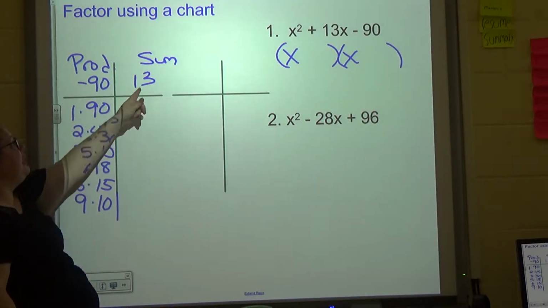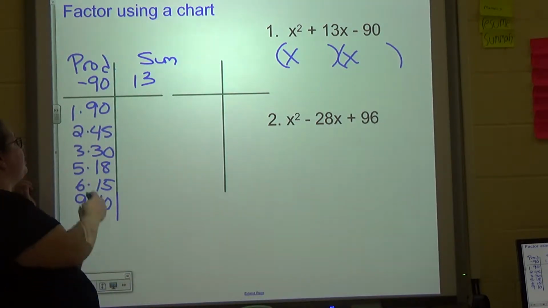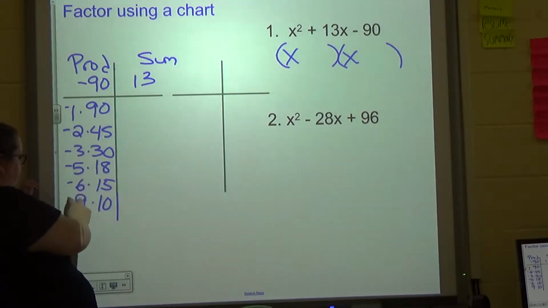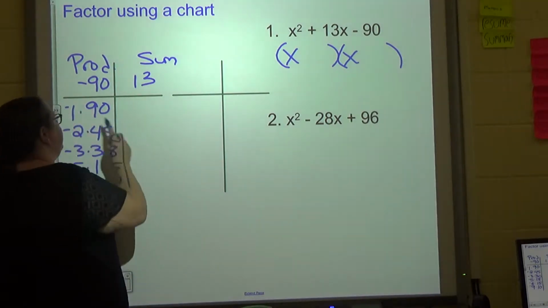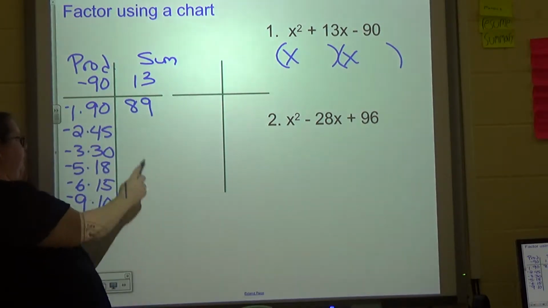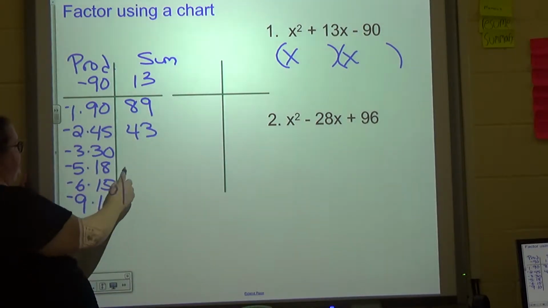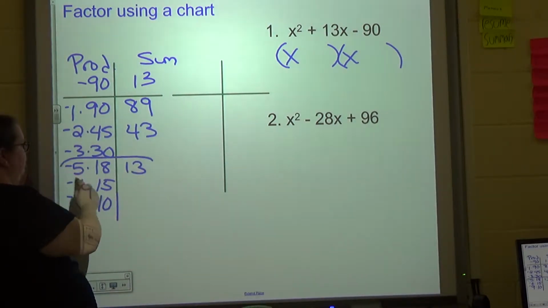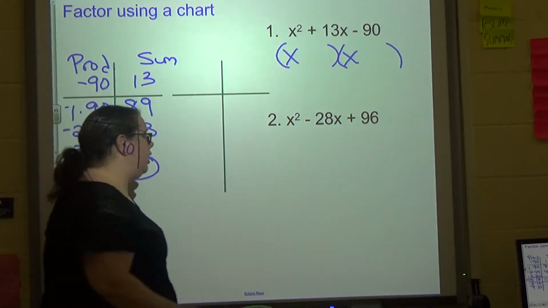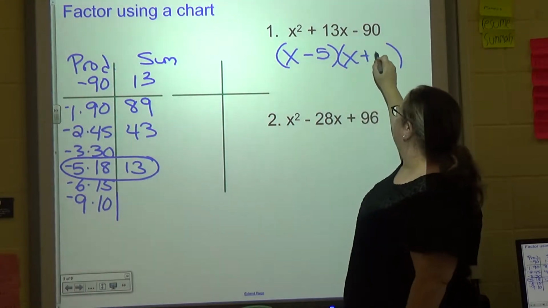But remember, our sum is 13. We're going to add up to a positive. So that means our smaller number needs to be negative. So when we add across, negative 1 and 90 is 89. Negative 2 and 45 is 43. And let's find our 13. 13 is right here. Negative 5 plus 18, so that means our answer is x minus 5, x plus 18.